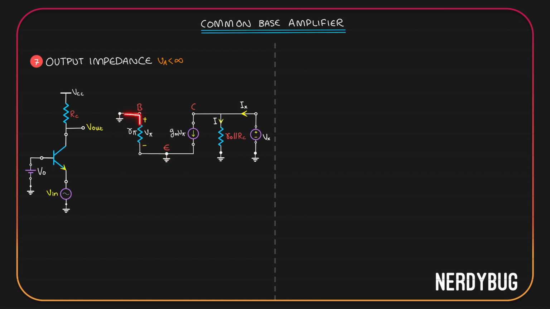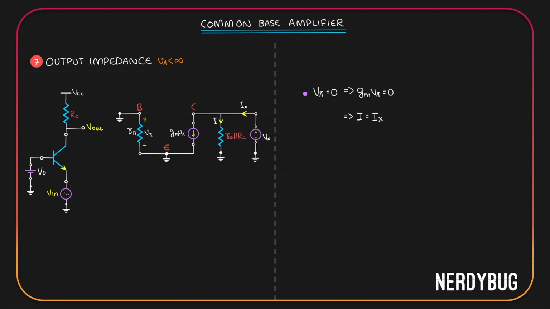Both its ends go to the ground. That means potential across R pi is 0. V pi is 0. If V pi is 0, then Gm V pi is 0. That means no current is flowing in this branch. All of Ix is flowing through R0 parallel to RC, which means I is simply equal to Ix.